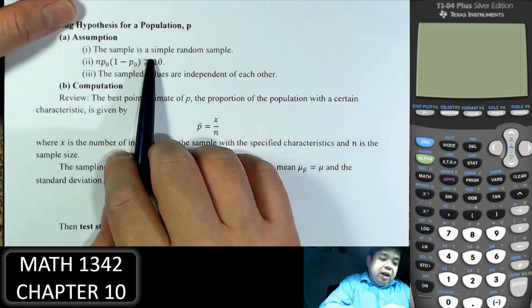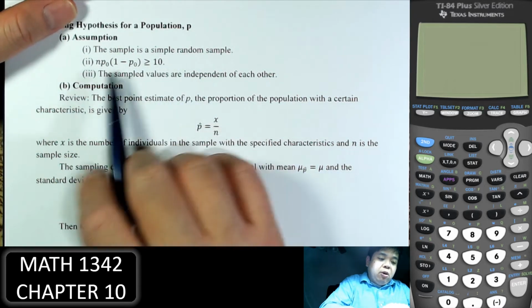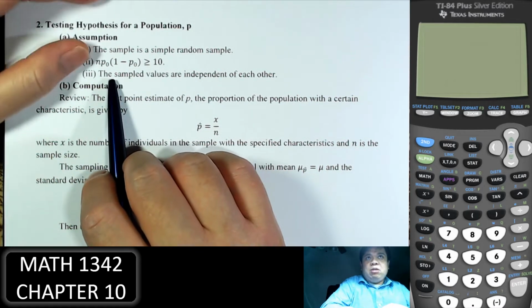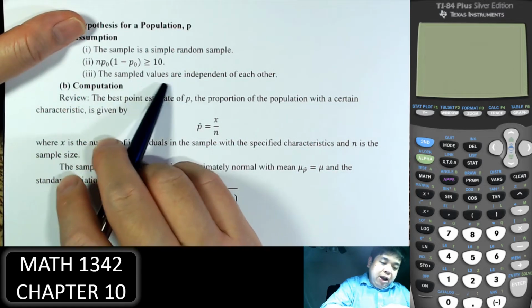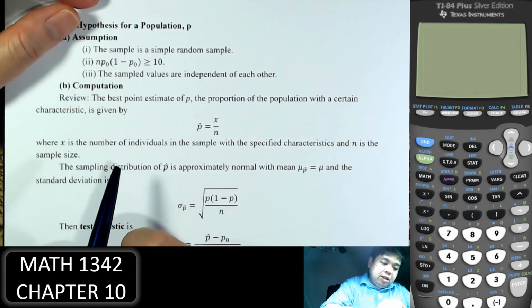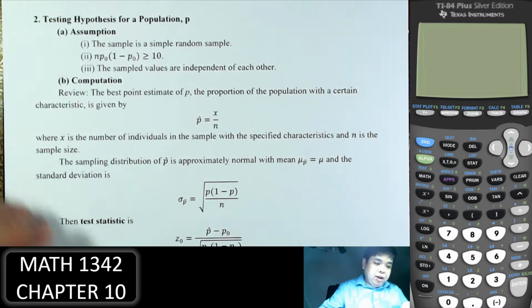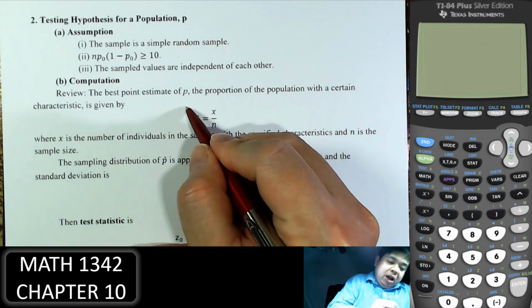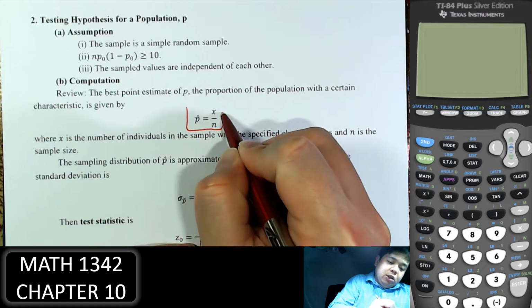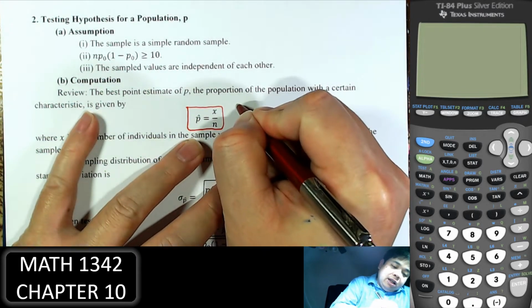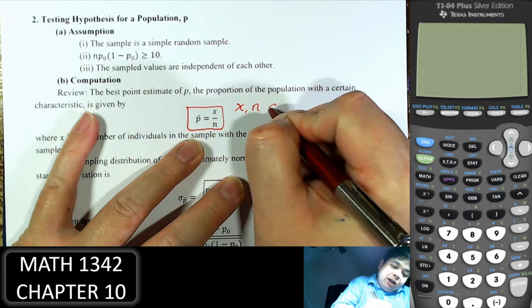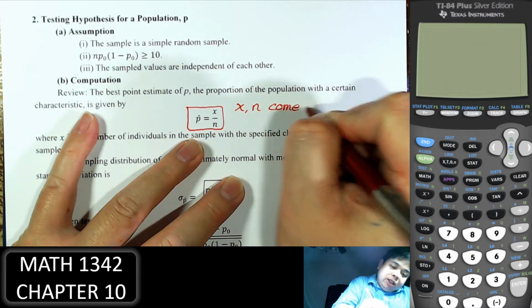The sample is a simple random sample, like in chapter 9 we have this criteria. The sample values are independent of each other, right? The computation review. The best estimate for the population is this. So this comes from the sample X, and N comes from the sample.